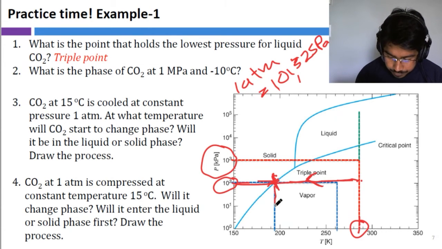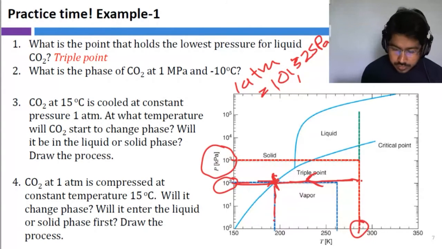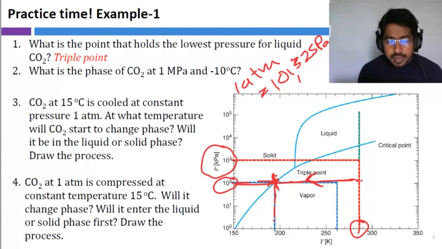If we come down here, this is the temperature that we are interested in. It is roughly 195 Kelvin or 194 Kelvin, right? So when the phase is changed, would it be liquid or solid? It will be solid because we are crossing the sublimation line. Any confusion? Any questions?